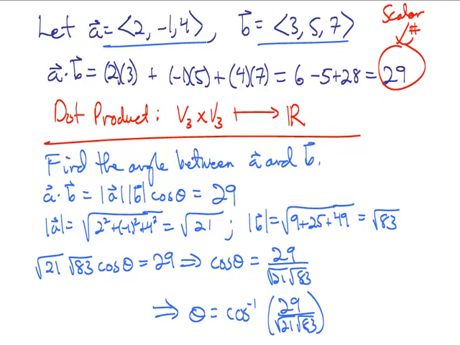I'm going to take 29 and divide it by that result, and I get 0.69 for that. So I'm going to take the inverse cosine, second cosine most likely, and then that answer, and I get about 46 degrees is what I'm getting. So again, it is an angle between 0 and 90. It's an acute angle, and there you have it.